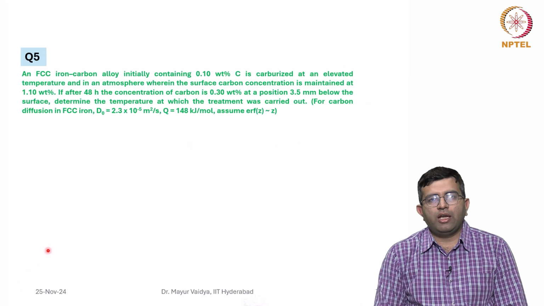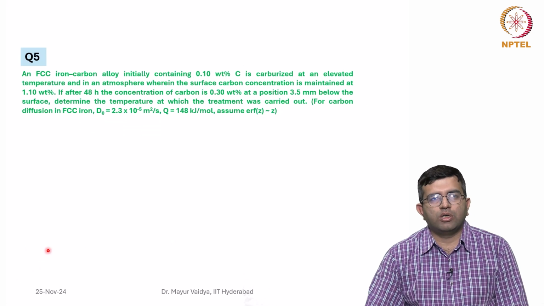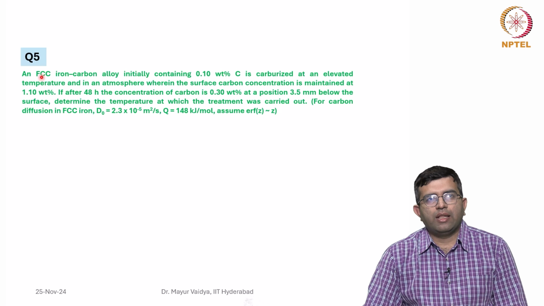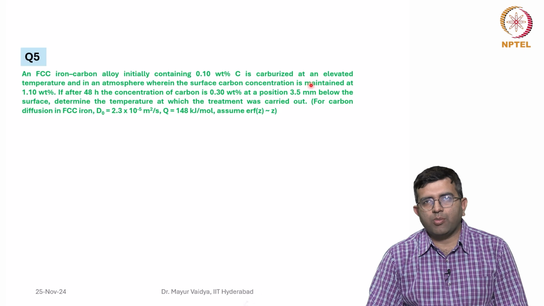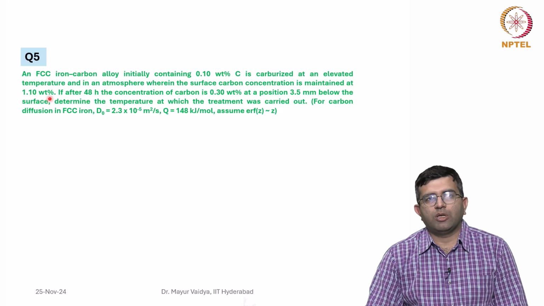Now, moving ahead to question number 5, what you see is that an FCC iron carbon alloy initially containing 0.1 weight percent carbon is carburized at an elevated temperature in an atmosphere wherein the surface carbon concentration is maintained at 1.1 weight percent.